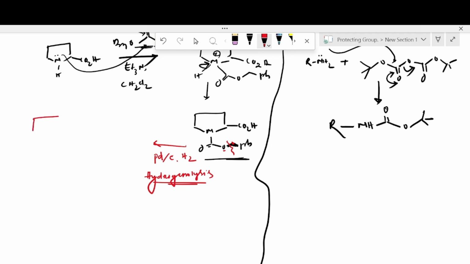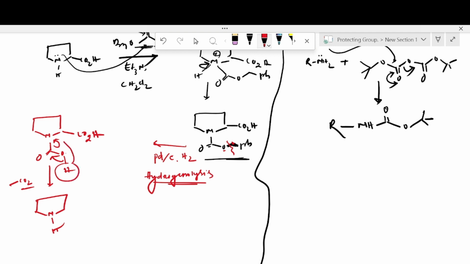Then we get this species. That species is very unstable, so it gains stability by losing carbon dioxide. It will leave like this. The hydrogen transfers to the nitrogen, and CO2 leaves, and we get our substrate back.